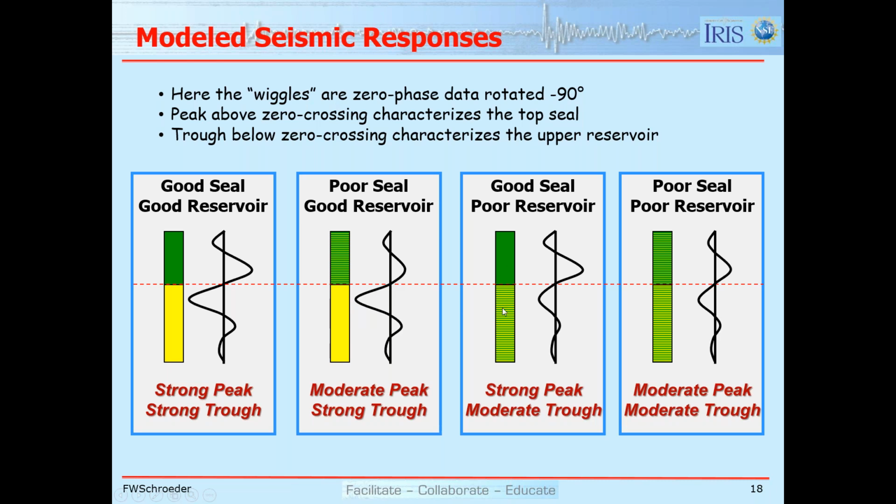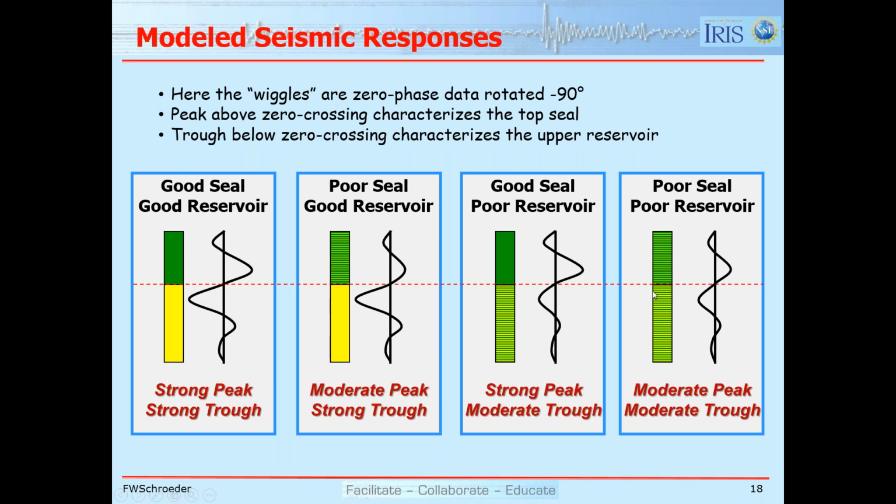If the seal is good, but the reservoir is less quality, then again, I'll get a strong peak telling me I have a good seal. I'll get a moderate to low amplitude trough telling me that the reservoir quality is not so good. And if I have a poor seal and a poor reservoir, I'll get a moderate peak and a moderate trough.